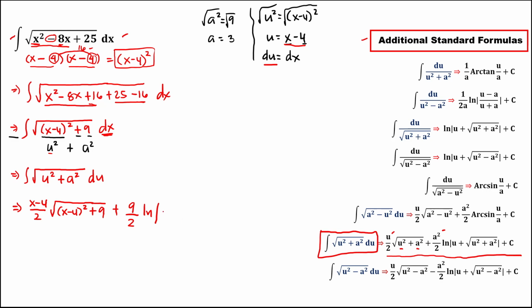So u is x minus 4, then plus the square root of u squared plus a squared. So u squared is x minus 4 to the power 2, then plus a squared is 9, then plus c.